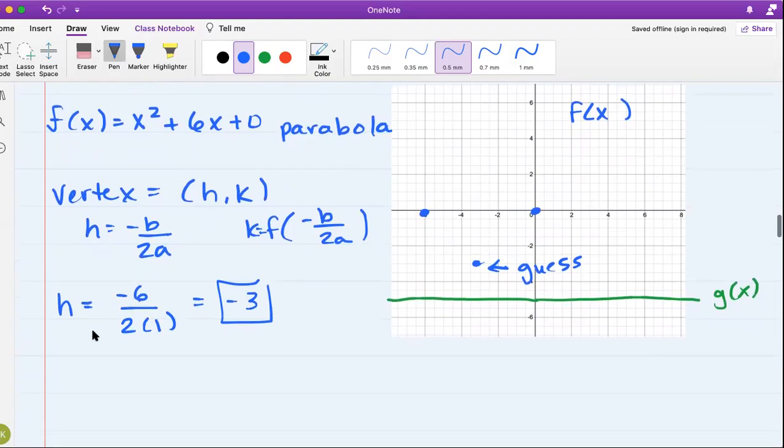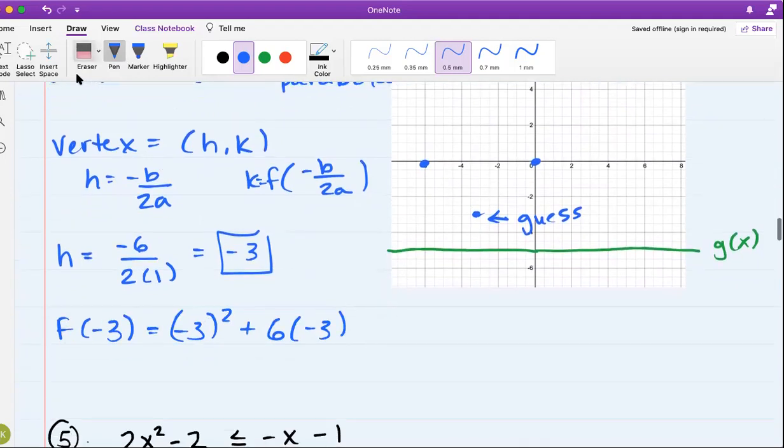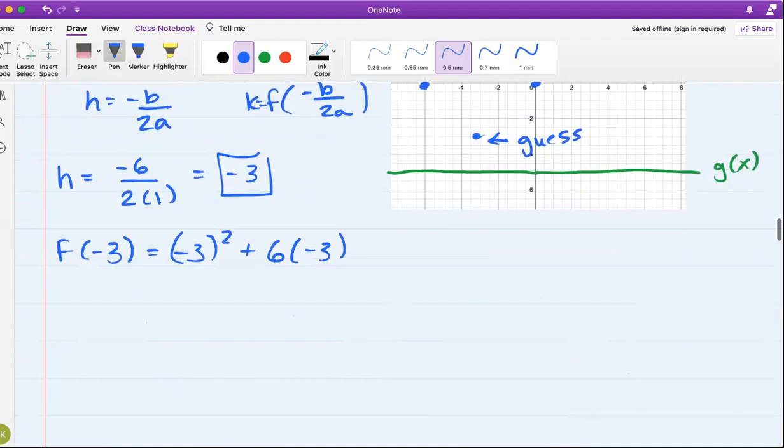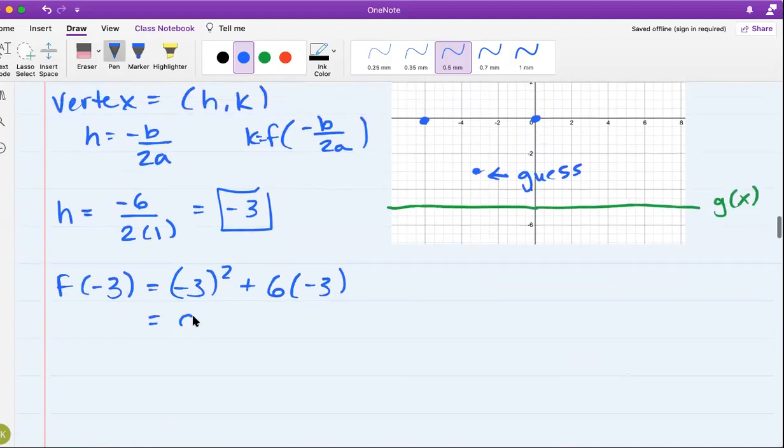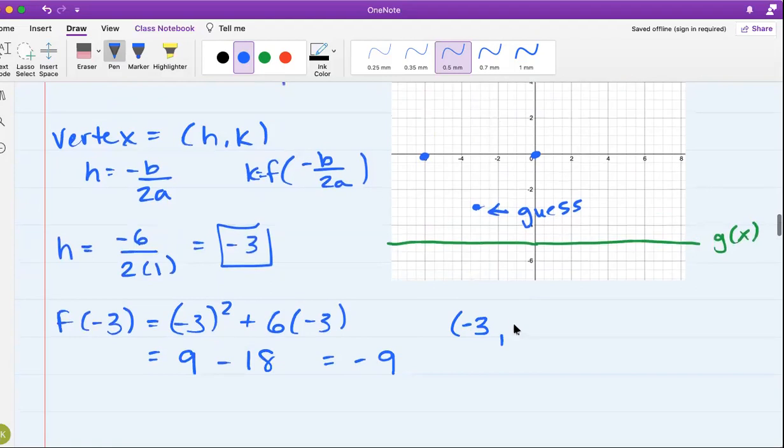And then the k value is f of -3, which we're just plugging -3 into here. So we get -3 squared plus 6 times -3, which is 9 minus 18, which is -9. So we have a vertex at (-3, -9).